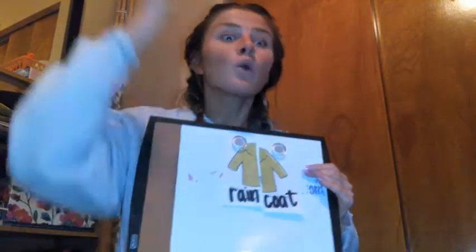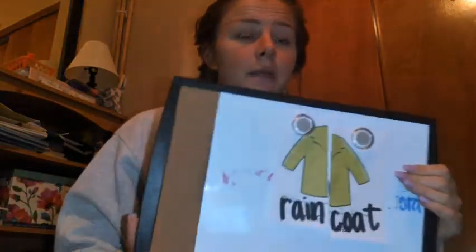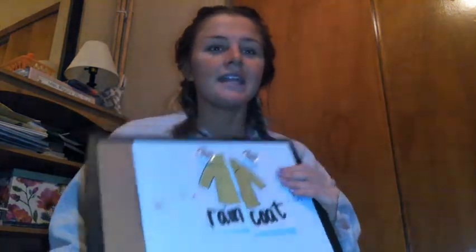Coat. Rain, coat. Raincoat. So that's my skill for you: read under, tap it out until you think, oh, rain, and then cover it up, and then try to tap out the second word. Alright, now that we've done a little bit of work with compound words, let's get moving into our paper.